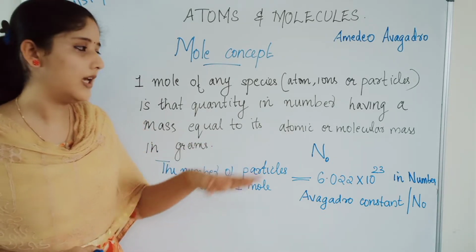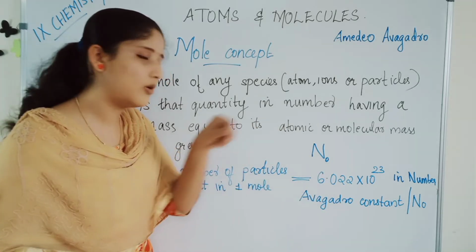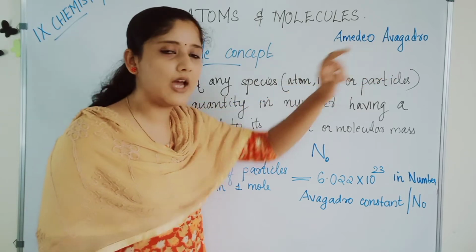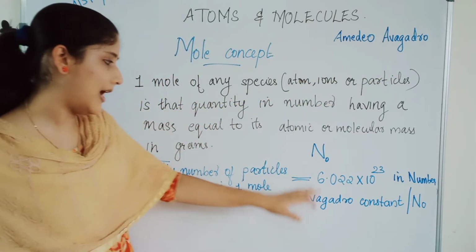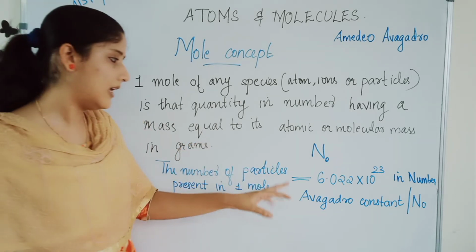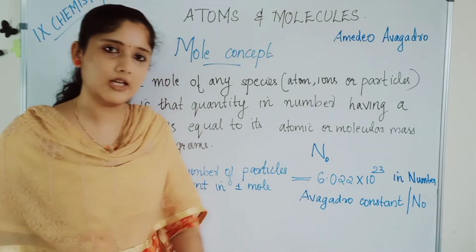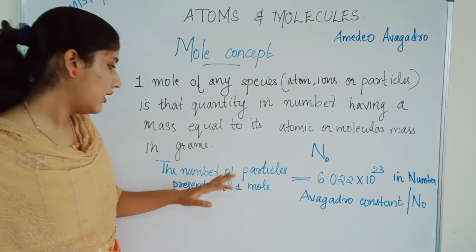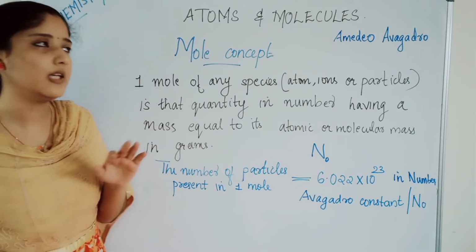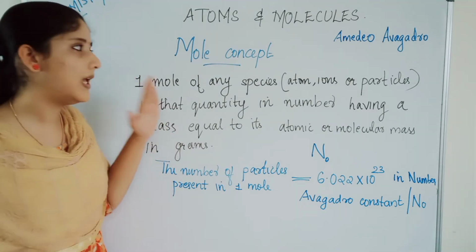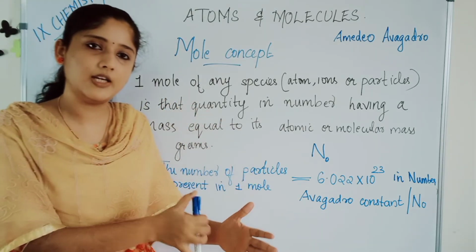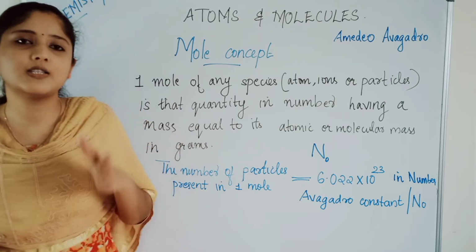This is named the Avogadro constant because the Italian scientist Amedeo Avogadro found this value. 1 mole consists of 6.022 into 10 raised to 23 particles. This is the basics of mole concept. A new unit we are defining for chemical reactions, that is 1 mole.